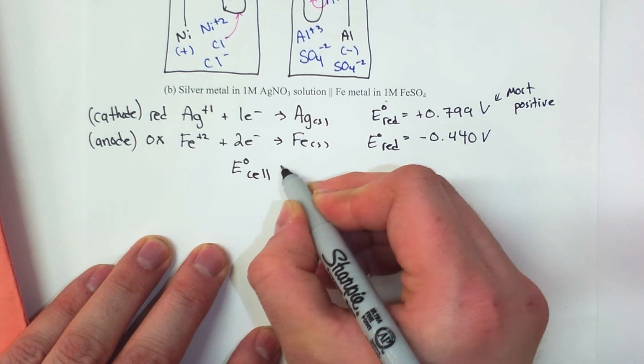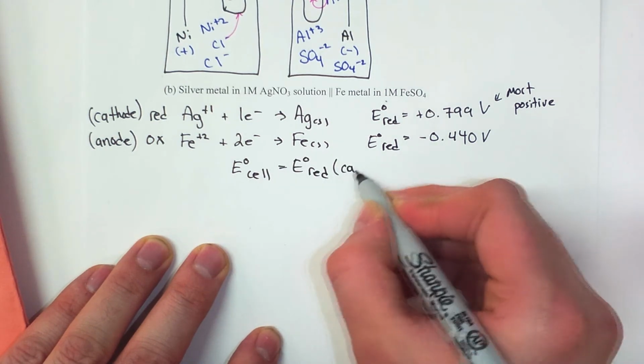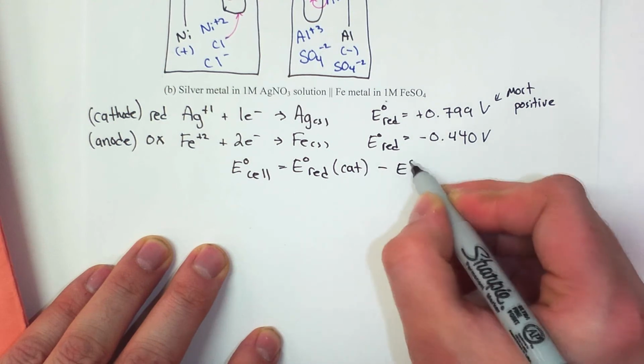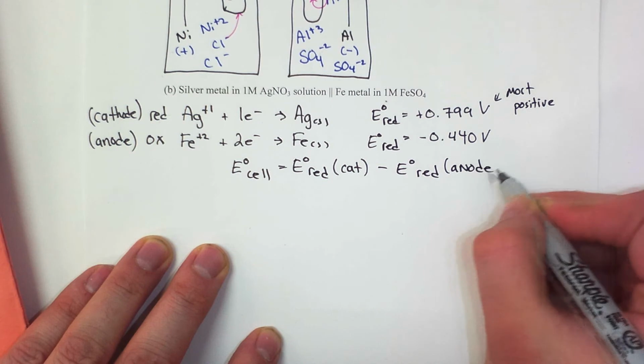E cell is equal to the standard state reduction potential at the cathode, take away the standard state reduction potential at the anode.